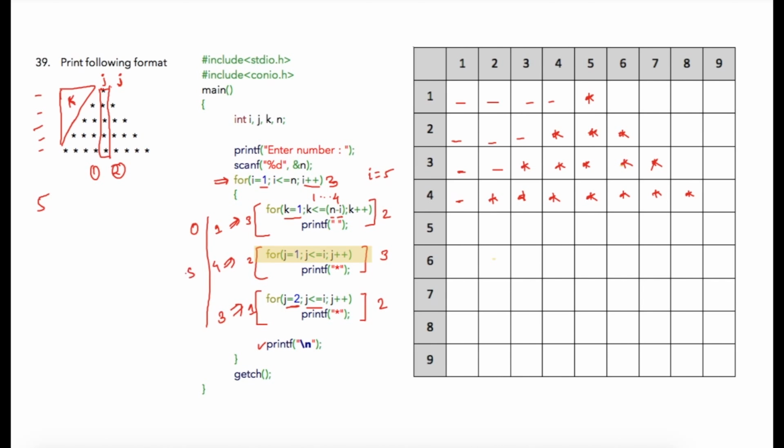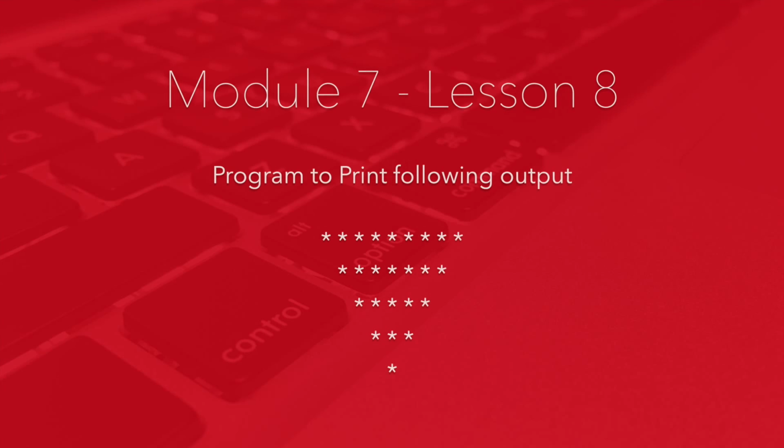This loop will be executed 5 times because j is equal to 1 and j less than or equal to 5, hence 5 stars will be printed over here. And then the final for loop will be from 2 to 5, hence 4 stars will be printed. So this final for loop is going to execute for 4 times, and because of this last backslash n, the cursor will be shifted here, and after that the program will be terminated.